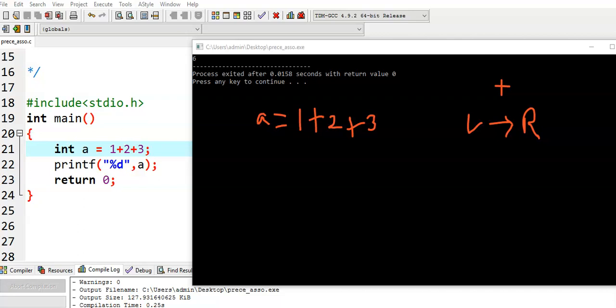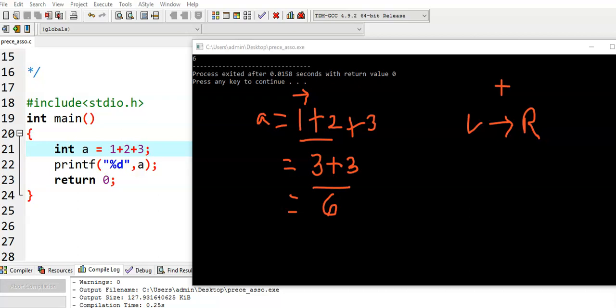Then first of all, the evaluation should start from left to right. That means first of all, 1 plus 2 is executed. That means we get 3 plus 3. So the final value becomes 3 plus 3, and the total value becomes 6.